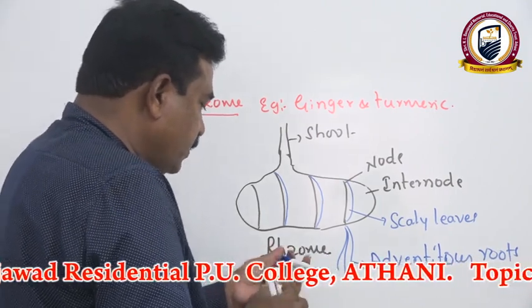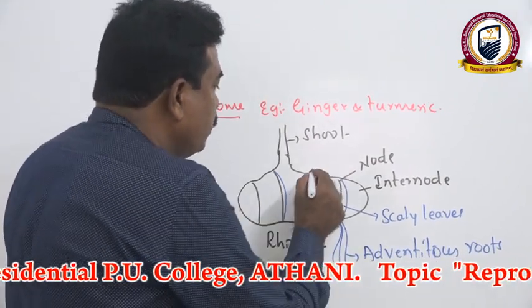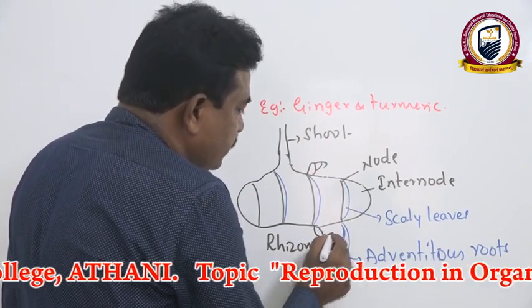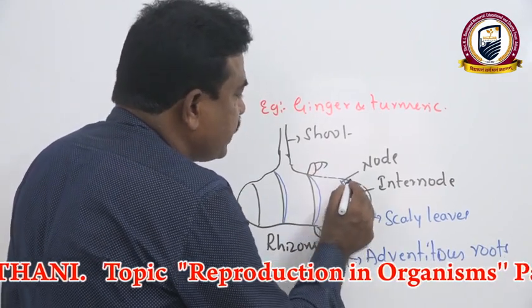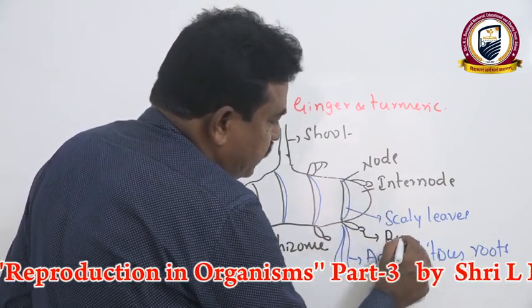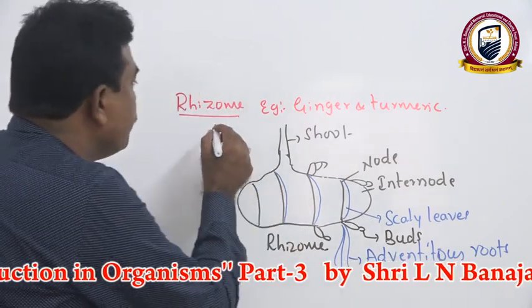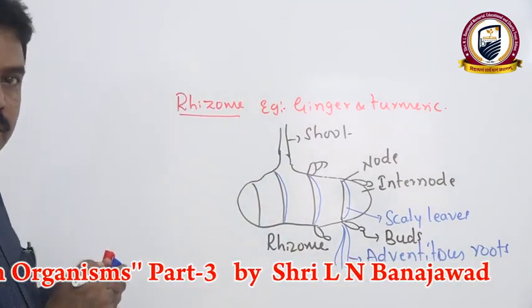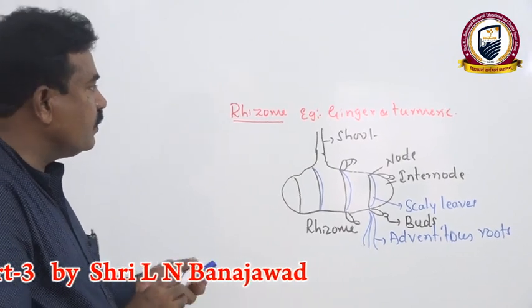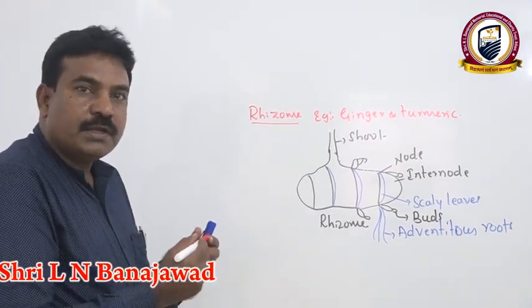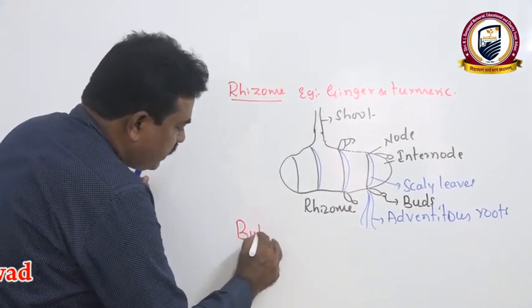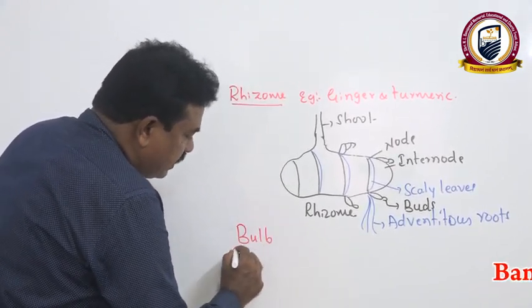At the same time, even in rhizome, we have some axillary buds also. These buds may give rise to young plantlets. This is a special stem modification, rhizome, which also stores a huge amount of stored food material and also helps for propagation.